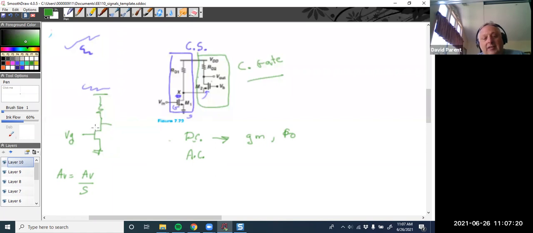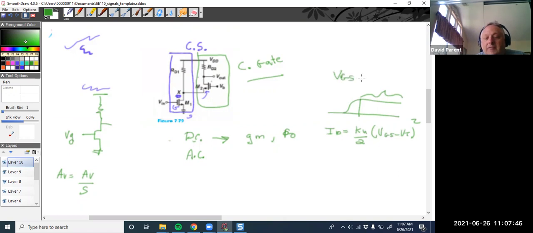The thing is that we have an equation here: ID equals Kn divided by 2 times (VGS minus VT) squared, which assumes you're in saturation, which means your VGS is greater than VT.